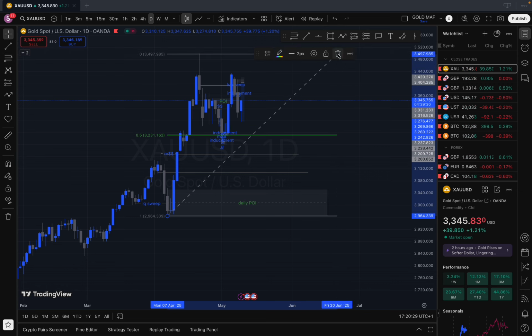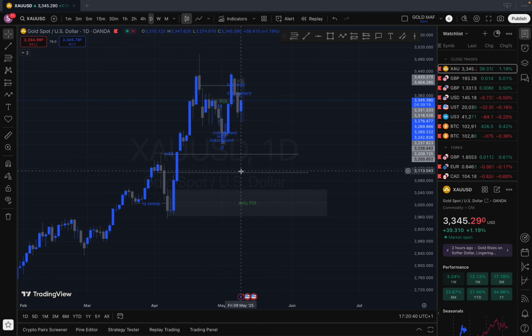If I draw it here, you see that at this green line, there was no inducement created. So it's likely that price will come to this fair value gap that I marked and still sell from. So I'm at least 70% sure that price should sell into this place to create inducement before coming back to this daily POI to buy. I don't know if you understand.